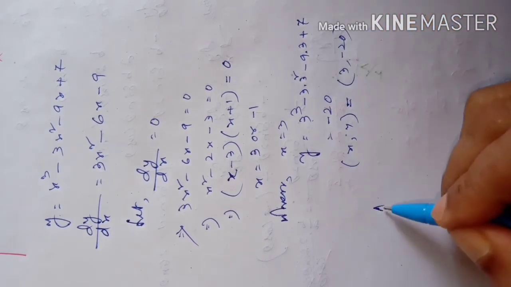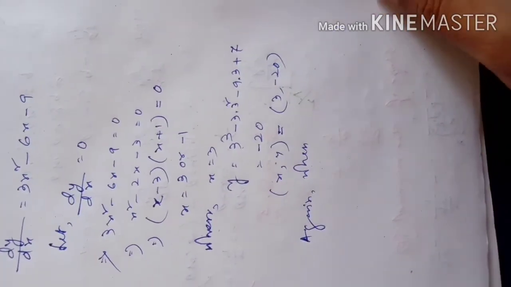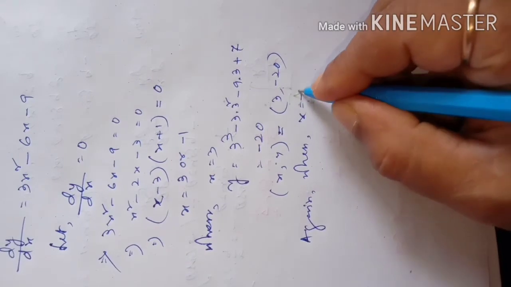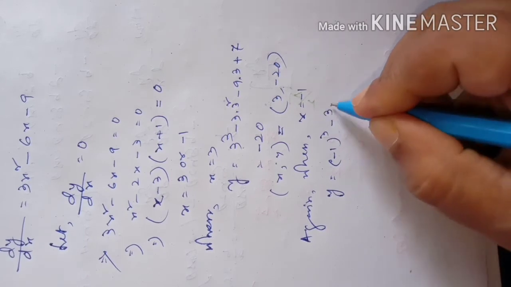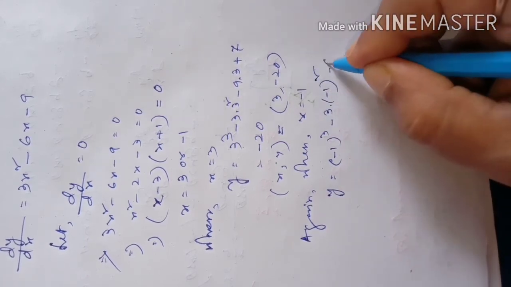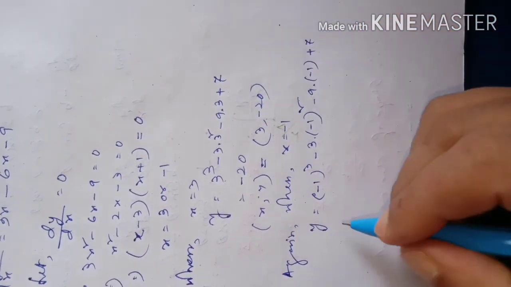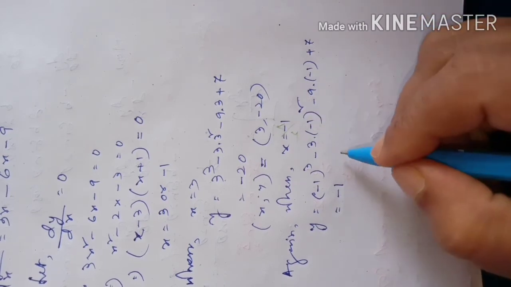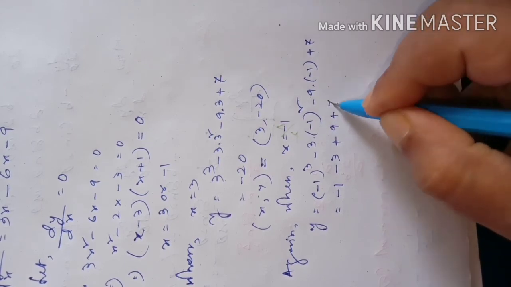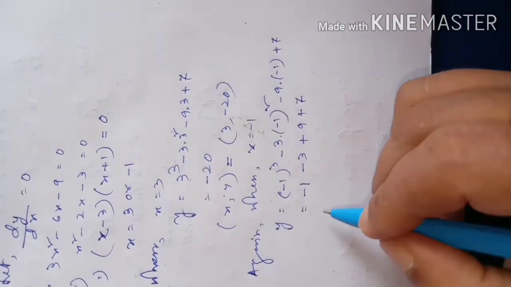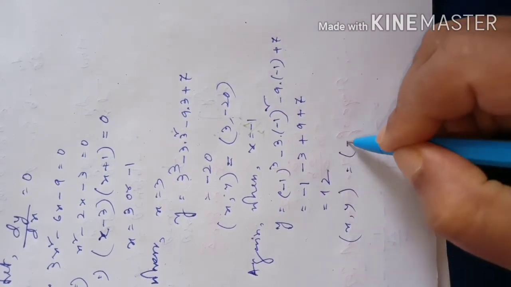Another point is when x is equal to minus 1: y is equal to minus 1 whole cube minus 3 into minus 1 whole square minus 9 into minus 1 plus 7. That is minus 1 minus 3 plus 9 plus 7, which is 12. So another point is minus 1, 12.